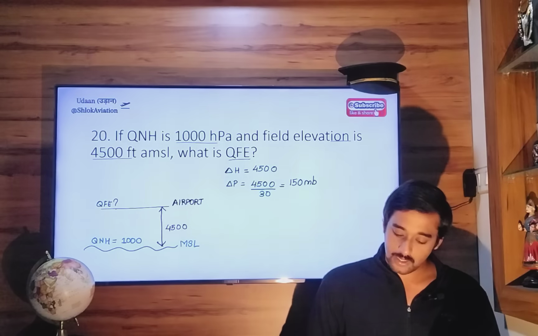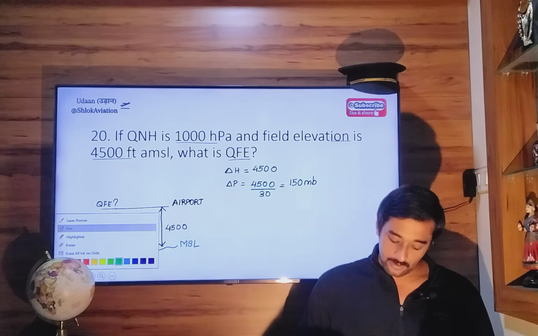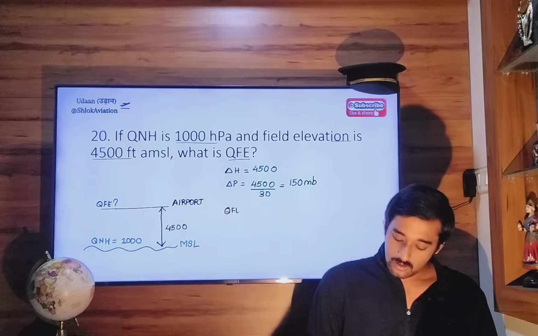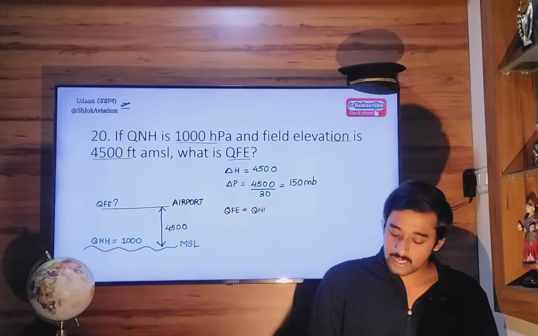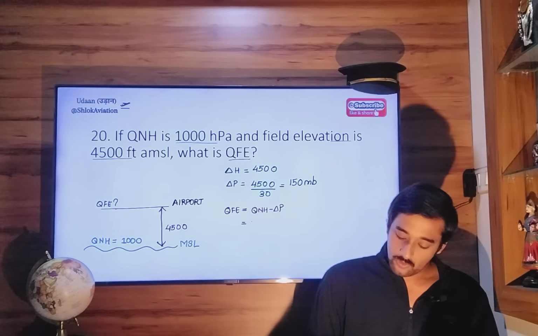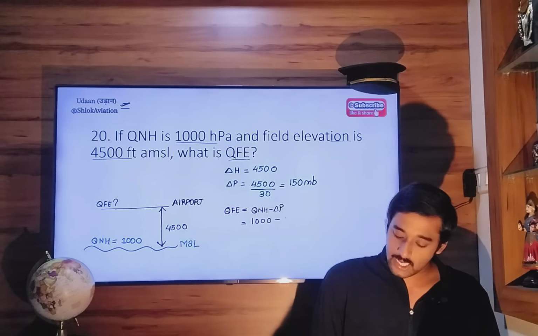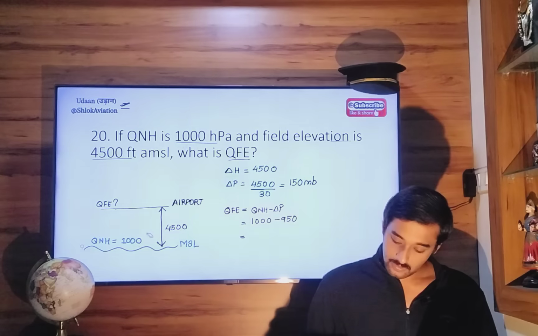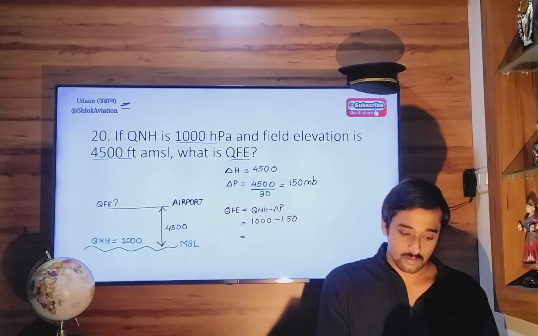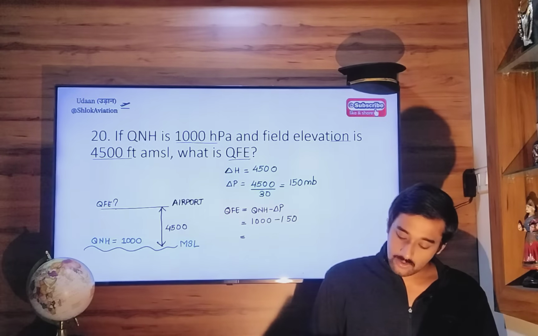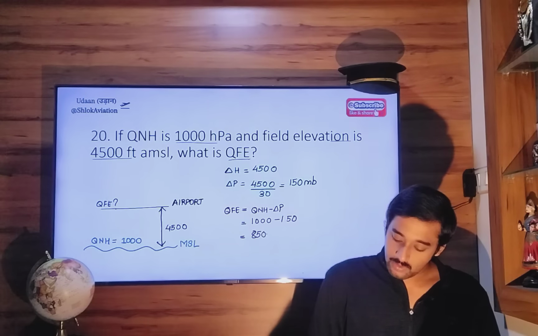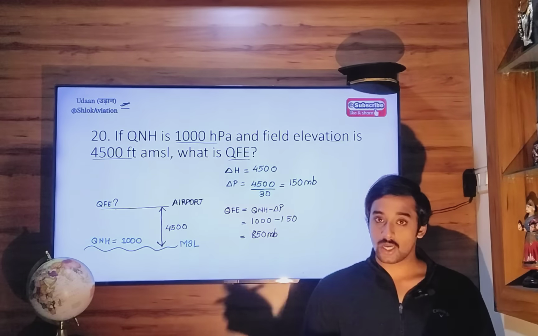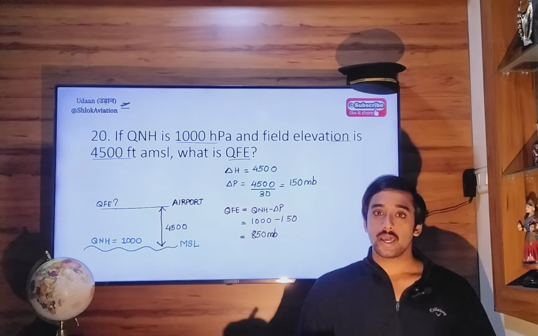So the QFE pressure will be equal to QNH minus the pressure difference: 1000 minus 150, which is equal to 850 millibar. So the pressure at the airport, or QFE, will be 850 millibar.